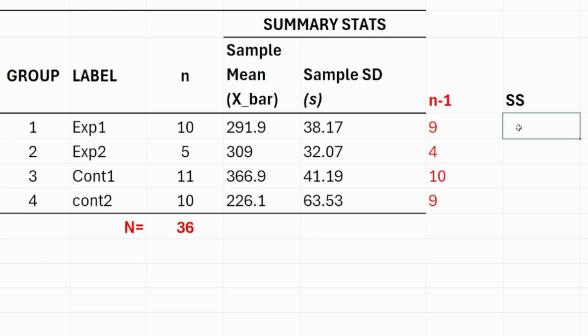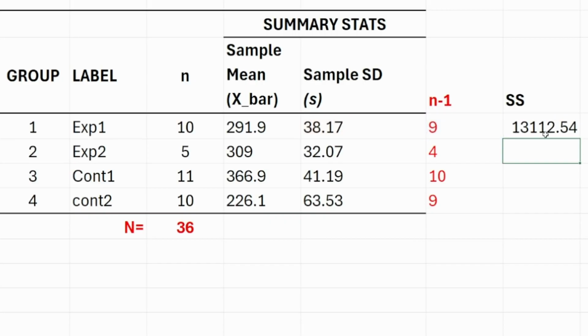In Bill Gates land, you start with the equals button, even though any normal human being would end with the equals button. All right, so equals n minus 1, and then the times button is the asterisk, and then the sample standard deviation, and then the caret button, which is above the 6, squares it. And then you don't hit the equals button because everything has to be secret knowledge in Microsoft land.